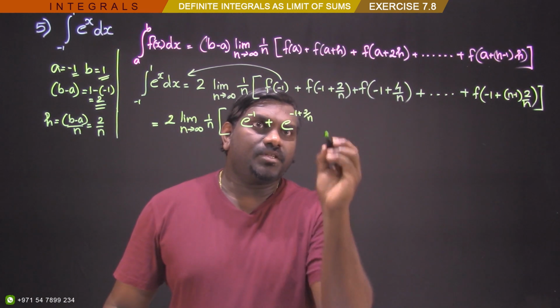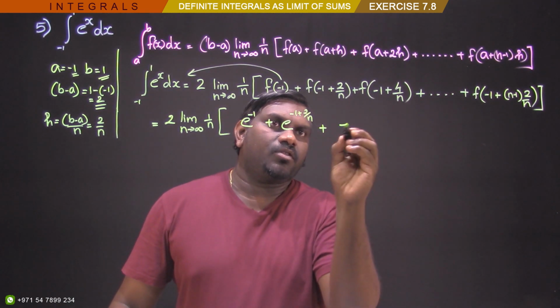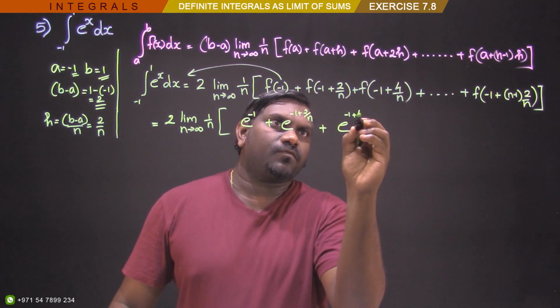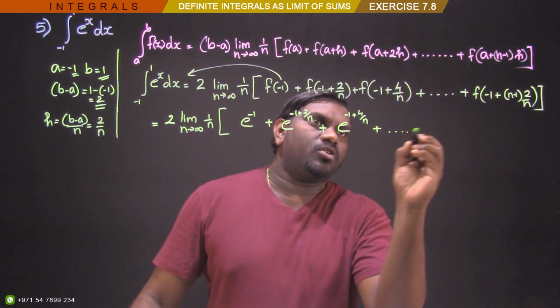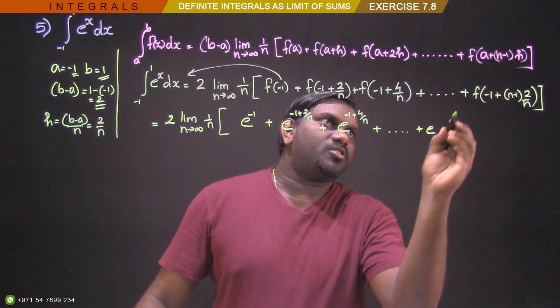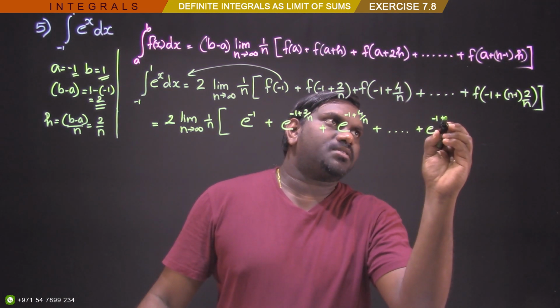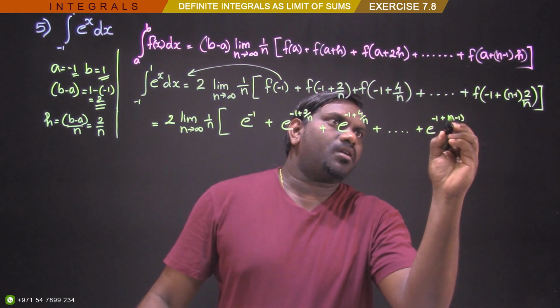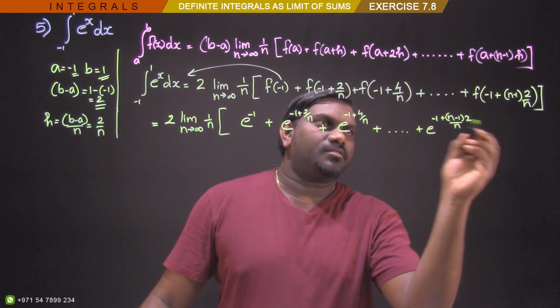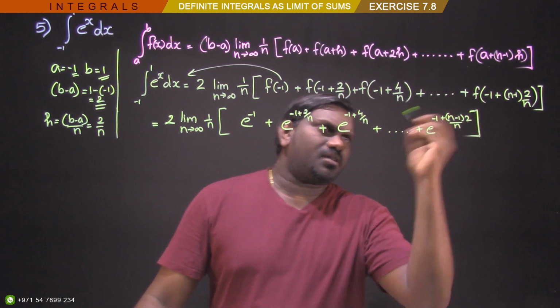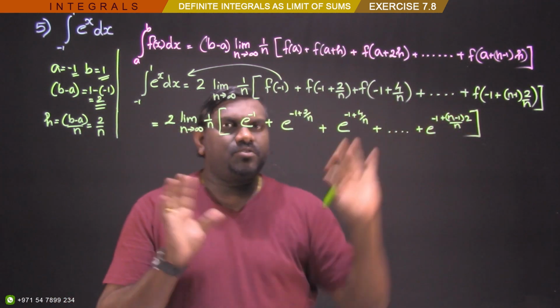Be very careful with this question dear. Plus e raised to minus 1 plus 4 by n. Plus as it goes on, you will get to see it is e raised to minus 1 plus n minus 1 by n into 2, right? This whole thing. Yeah, that's okay. Fine. Let it be the whole thing together.